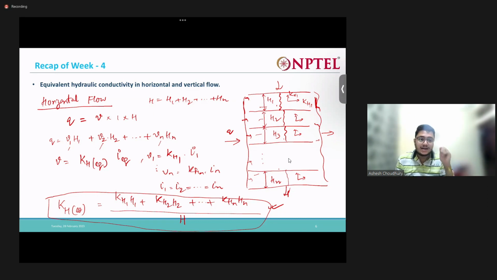But what will be the same? The flow will be the same. By the continuity principle the flow should be the same in each of these layers. That means the velocities v1, v2, v3, vn will be the same along all these layers from the equation of continuity, isn't it?